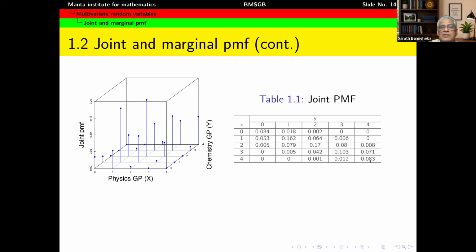So that's a very interesting thing actually. All the diagonal values are the highest value here, and the other important things that I mentioned, right? So therefore you can see that there is a very strong correlation between these GP values for physics and GP values for chemistry, right? If we studied these variables separately, we would not see this kind of pattern. So that's why studying multivariate relationships, studying multivariate variables, is important.